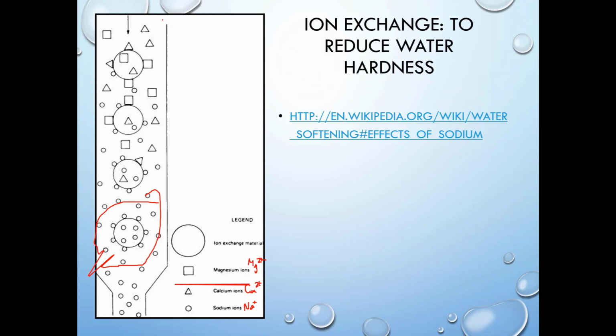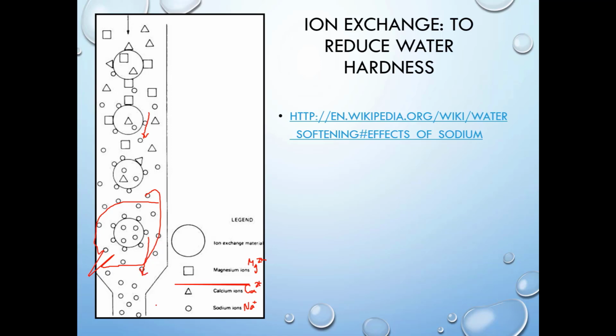So as you flow water that contains a lot of magnesium and calcium through, those metal ions will replace the sodium ones. The magnesium and the calcium will get stuck on the ion exchange beads, and they'll cause the sodium to flow through along with the rest of the water.